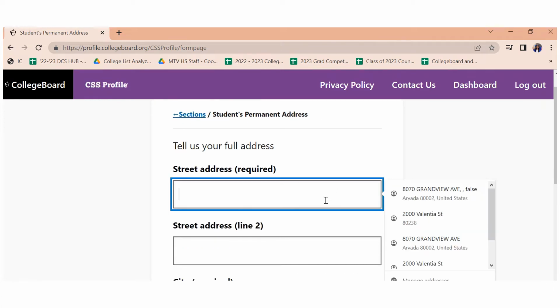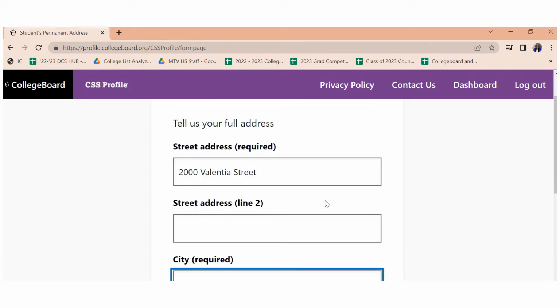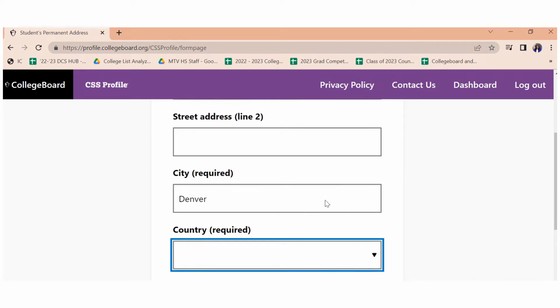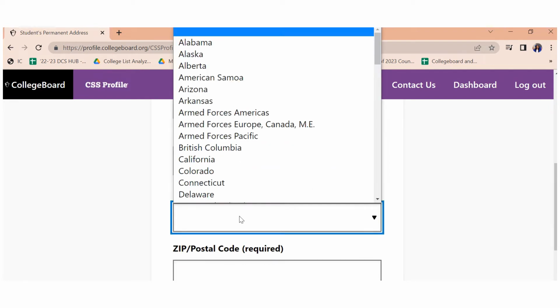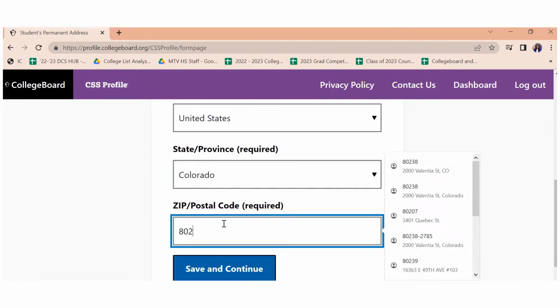You will enter your address, the student's address, the student's country again, the state, and the zip code.